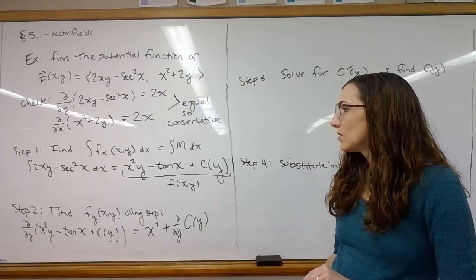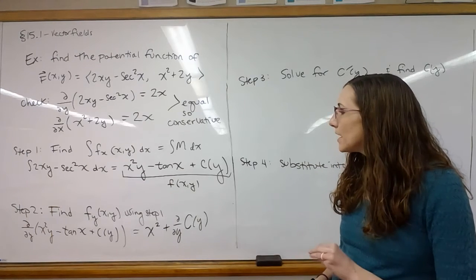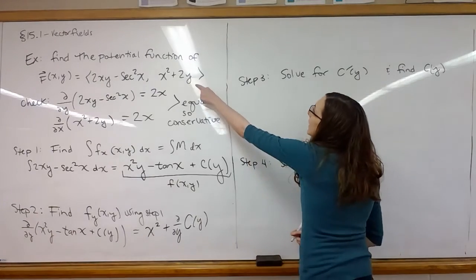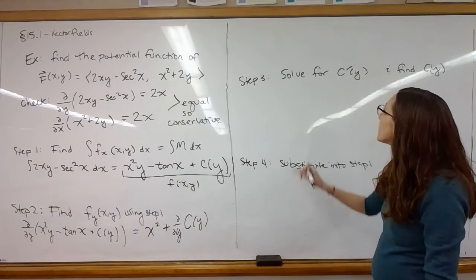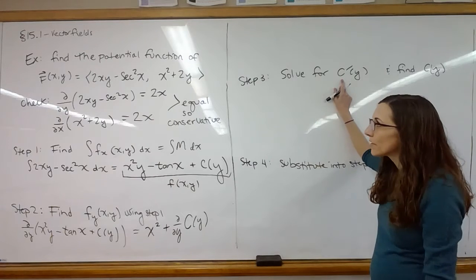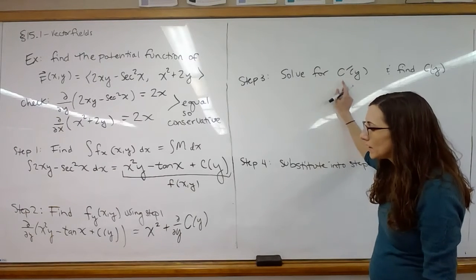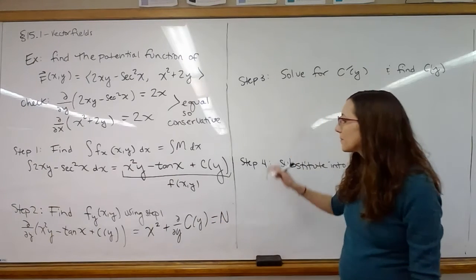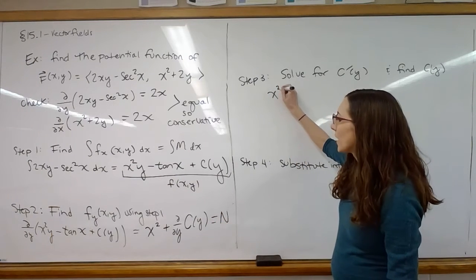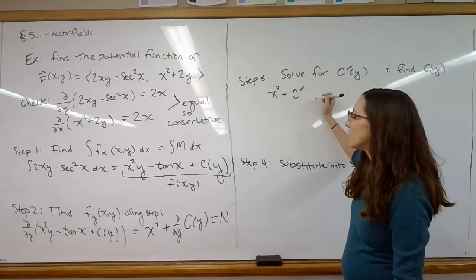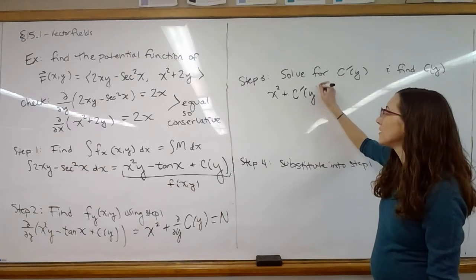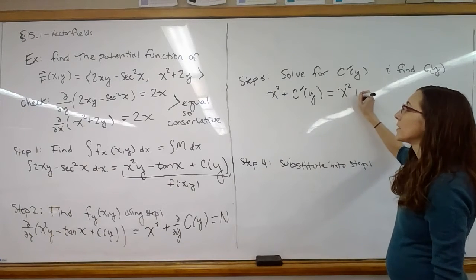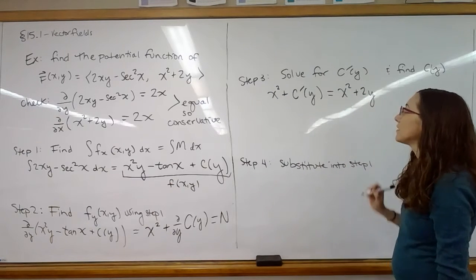Okay. Remember that this really should be the same as my N component up here. So let's solve for that c prime of y. This should equal N. So x squared plus c prime of y should be equal to x squared plus 2y.